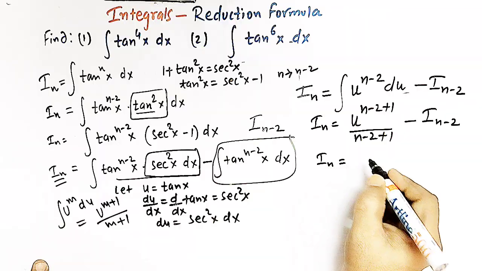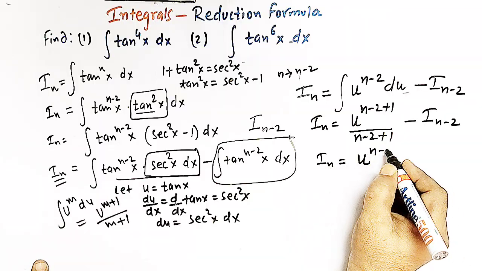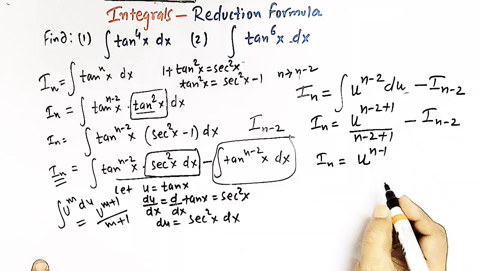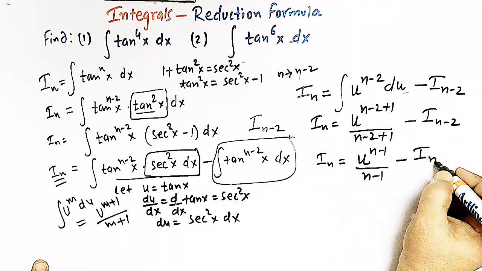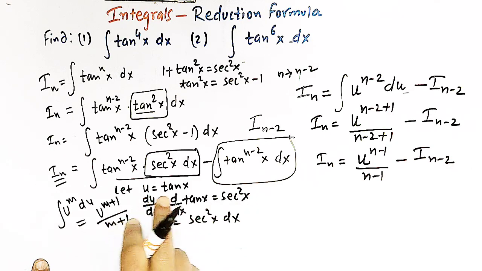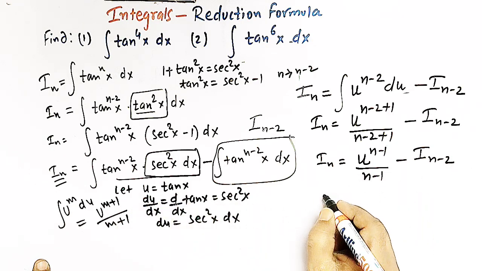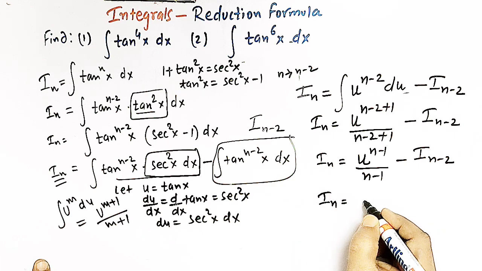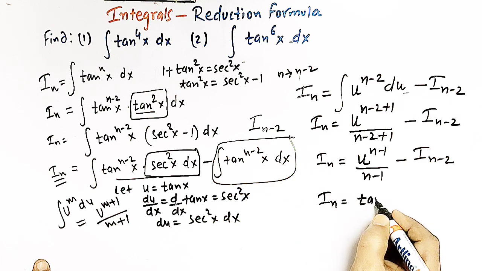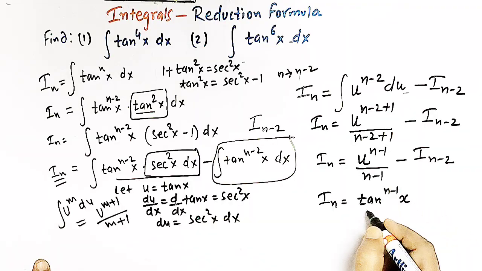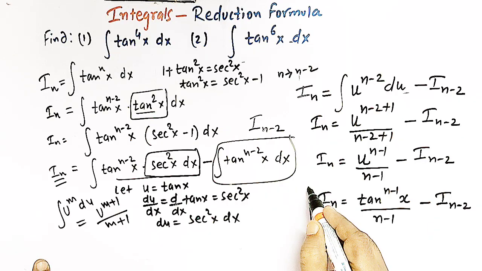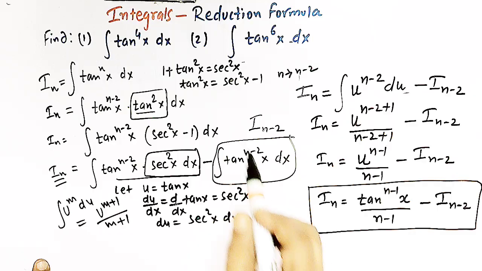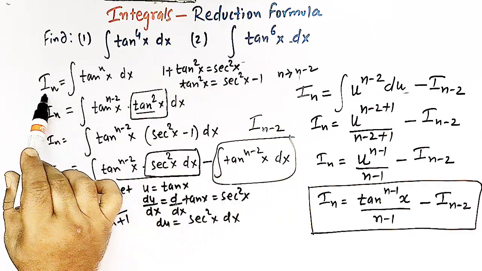So now we can write here u raised to n minus 1, since n minus 2 plus 1 is n minus 1, and here also we have n minus 1, and here we have I n minus 2. Now replacing u by tangent of x, we have I n is equal to tan n minus 1 x divided by n minus 1, and here we have minus I n minus 2, right? So this is our required reduction formula for I n.